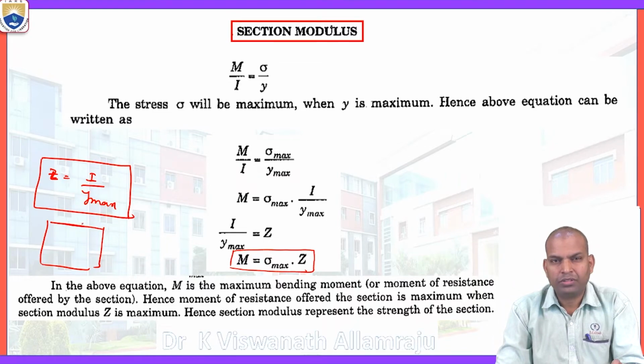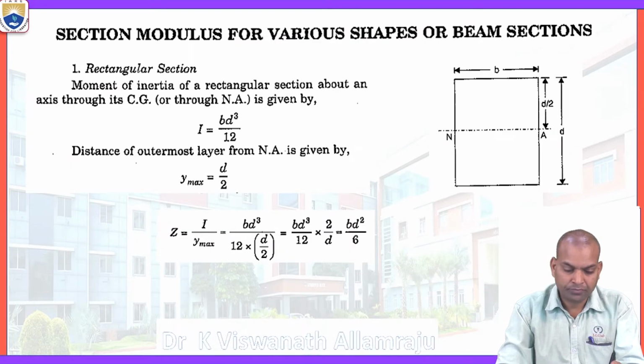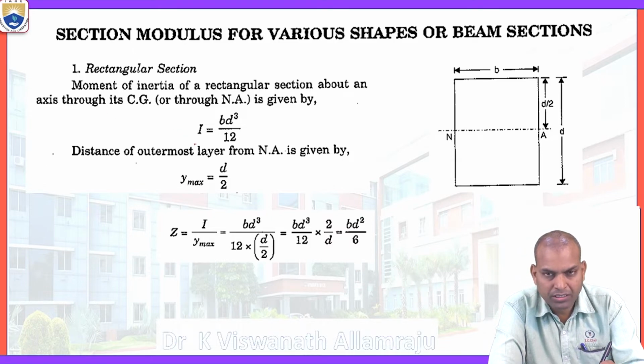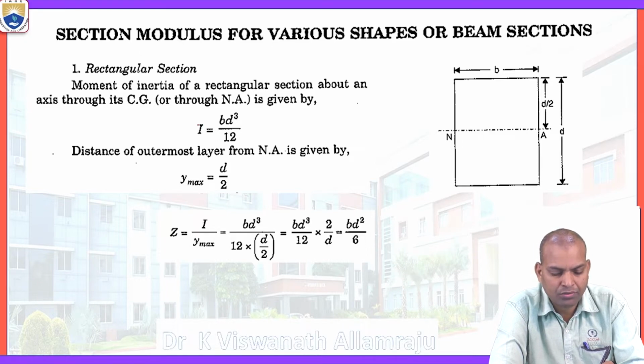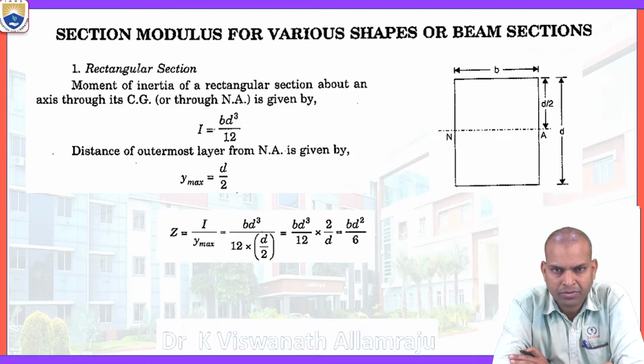Let us observe the section modulus of various beam sections. Now here is the rectangular section. For the rectangular section, the moment of inertia about the neutral axis is I equal to bd cube by 12, where b is the width of the beam and d is the depth of the beam.